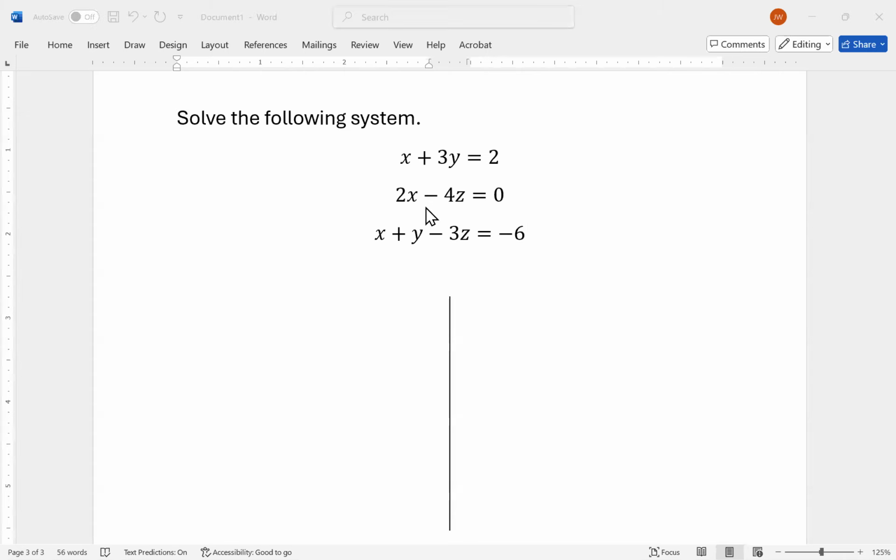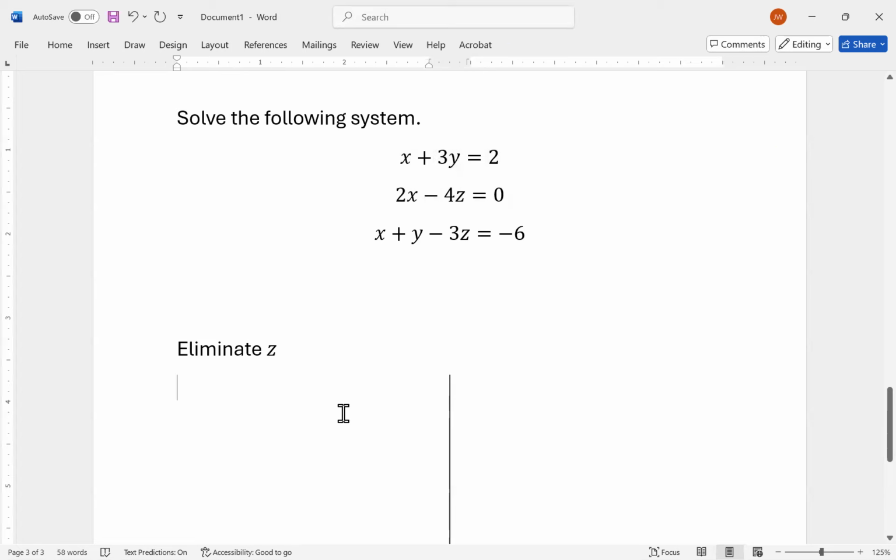Now with this system, it might be a little bit tricky at first, before you see the trick, I guess. But we're going to take two pairs of equations and eliminate the z variable on both. Now my first equation is just x plus 3y equals 2.